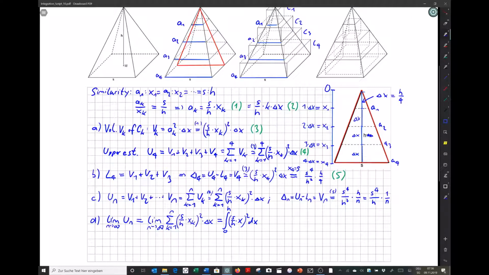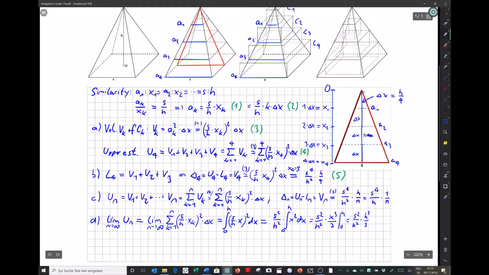So let us expand the brackets, and we get S squared divided by H squared, which is a constant with respect to this integration, so I can take it in front of the integral. So I get this times the integral of x squared dx, still from 0 to H, which is then S squared divided by H squared times x to the power of 3 divided by 3, integrated from 0 to H. What remains is S squared divided by H squared times H to the power of 3 divided by 3.